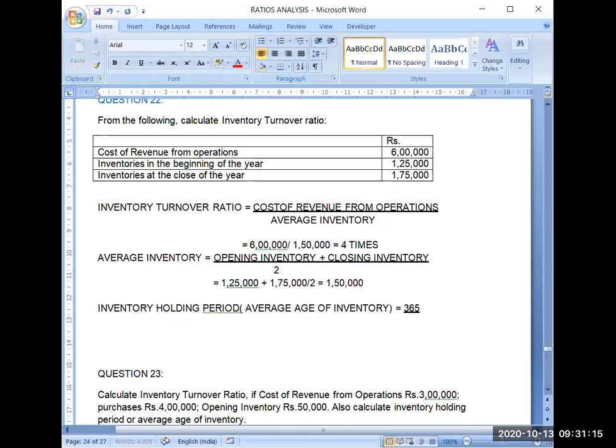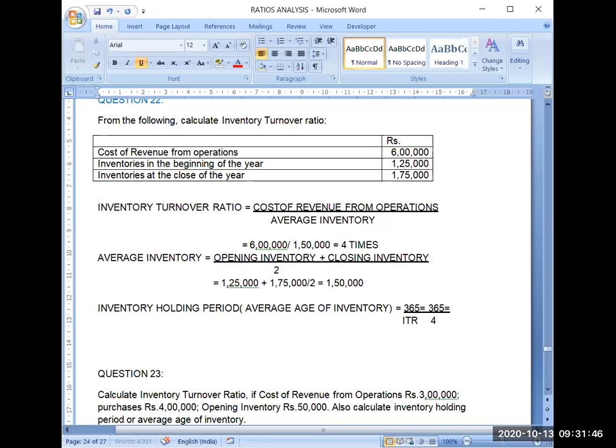I will write in short here because the space is not available, but always don't write abbreviations otherwise. So if I calculate it, 365 upon 4, because my inventory turnover ratio was 4 times here.